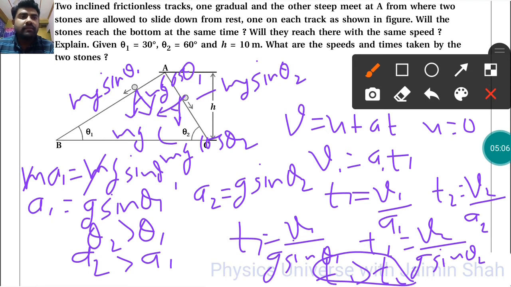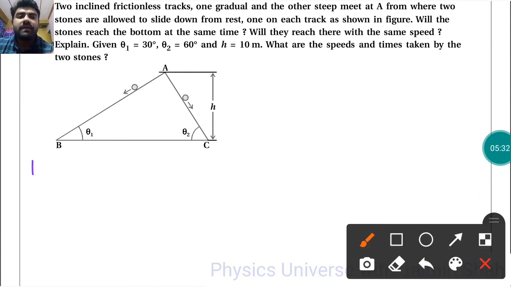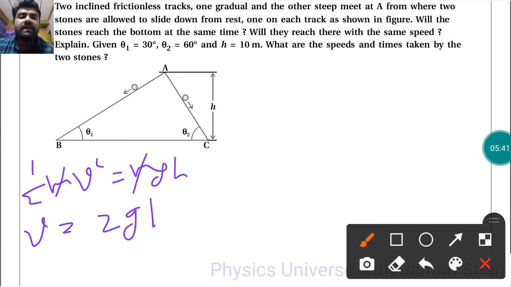And what are the speeds and times taken by the two stones? Currently we don't have the velocity, and we don't know the timing either. So with the energy equation, half mv square is equal to mgh, the m gets cancelled out, so v square is equal to 2gh, so v is under root 2gh.